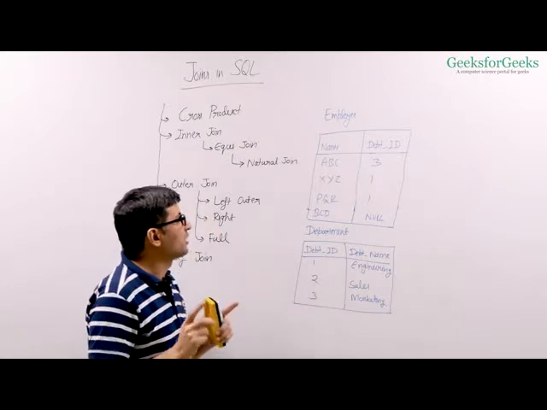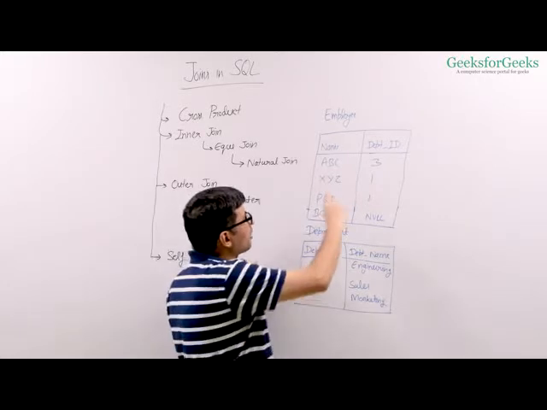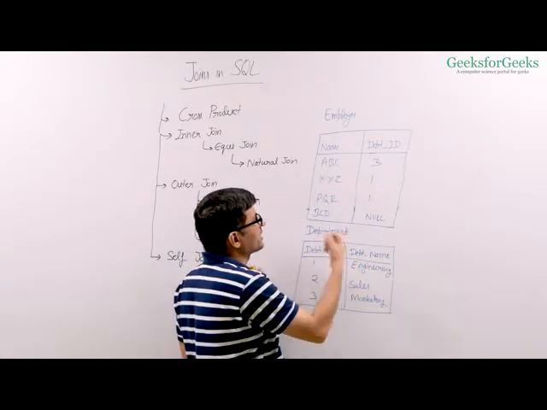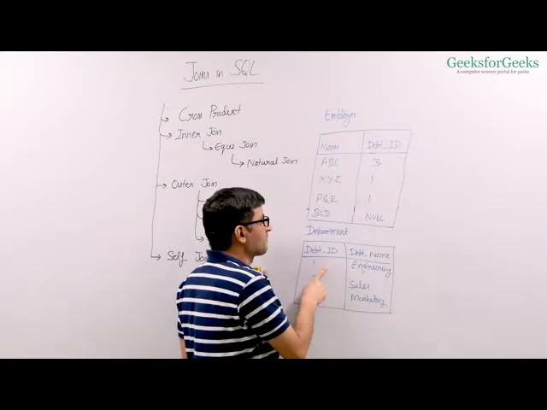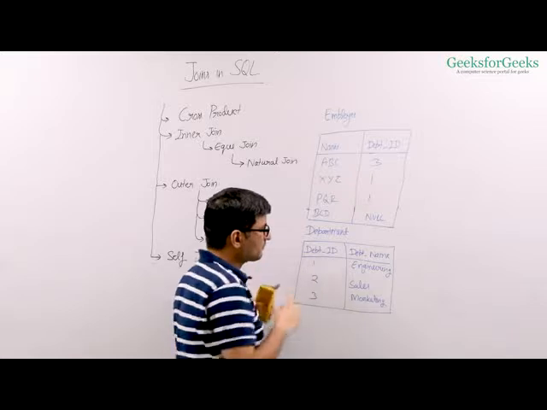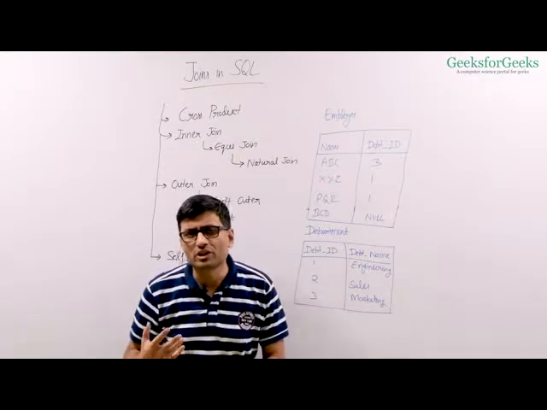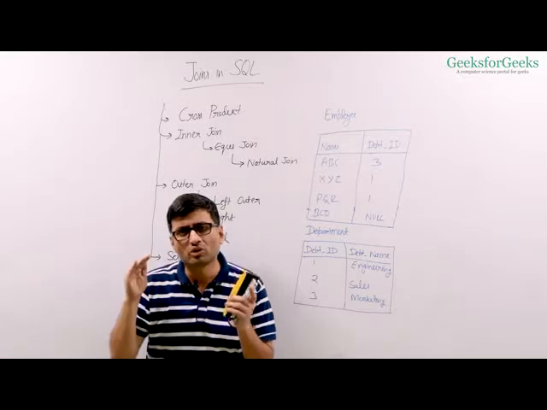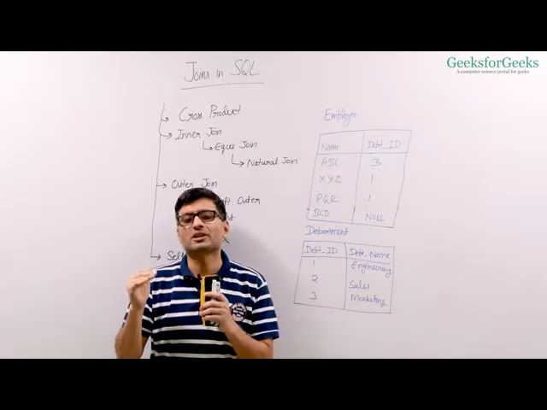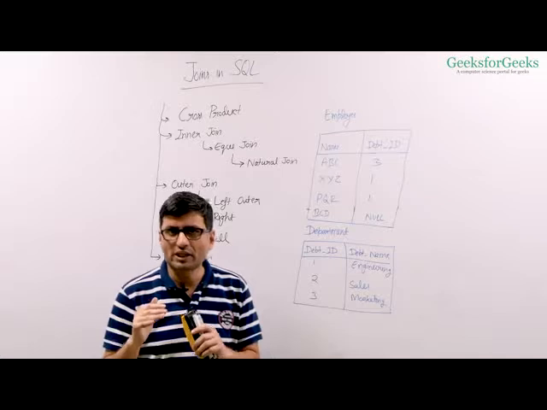For example, I want to find all the employees and their department name. So my constraint would be that department ID of the employee table should be equal to department ID of the department table. So this is a kind of inner join where we have a simple constraint and we put only those rows from the cross product which satisfy the constraint. That's the inner join.